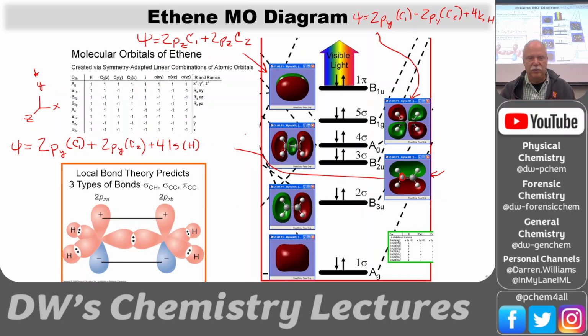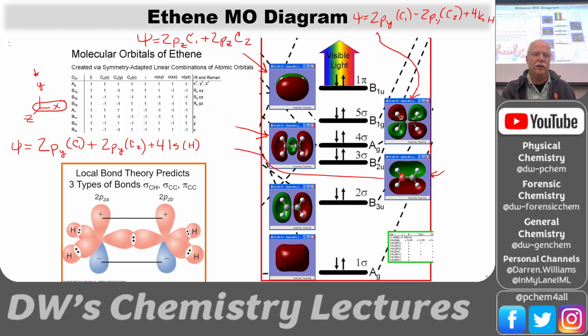Which orbital is this one using? Just give me the carbon orbitals here. Look at it, it's the X one, right? It's going along this axis here. So that's the 2px's. And I would draw that as a plus because they're interacting in the middle. They're in phase.